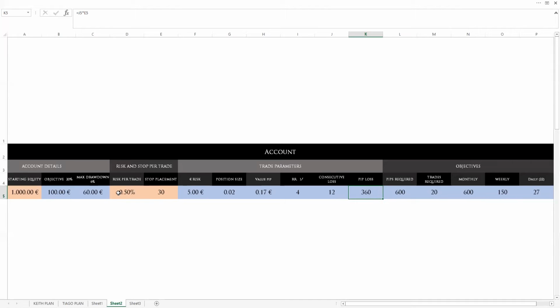So this is one way of doing it. The other way is if I had here the 20%. Now, if I'm okay with my strategy, I can be risking 1%. Not 100, 1%.